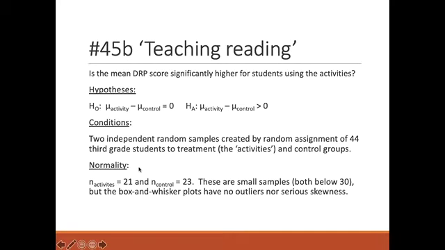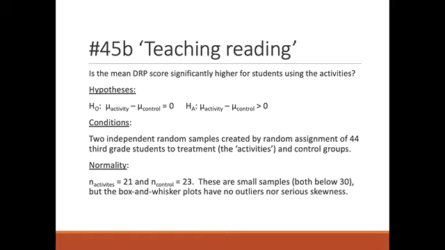Normality is important. Now understand the sample size in the activities classroom was 21. The sample size in the control classroom was 23. Those are both small samples. They're both below 30. Now, that means then that for the normality condition to apply, we have to check the data.